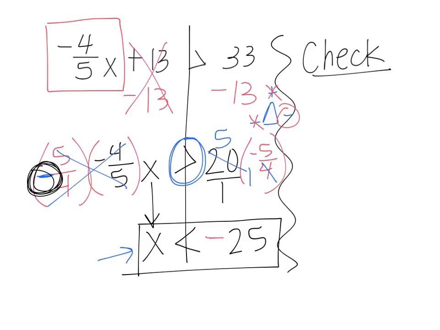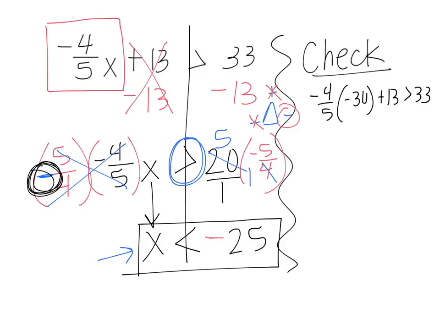So I'm going to check one more time to practice this because I want to make sure you're good to go with this. Pick an answer that's less than negative 25. Negative 30 works. Anything like that. So I have negative 4/5 times negative 30 plus 13 has to be greater than 33.